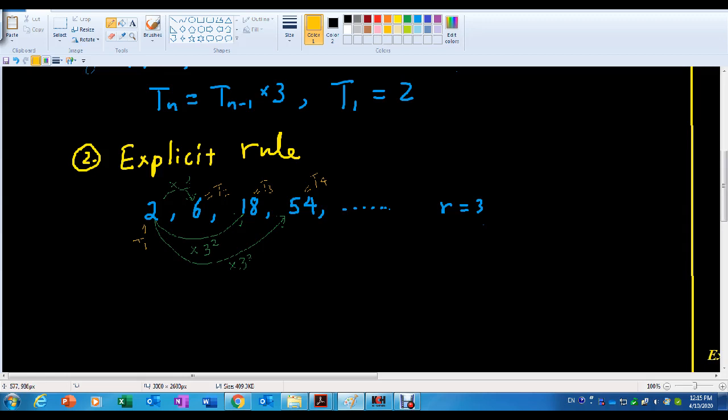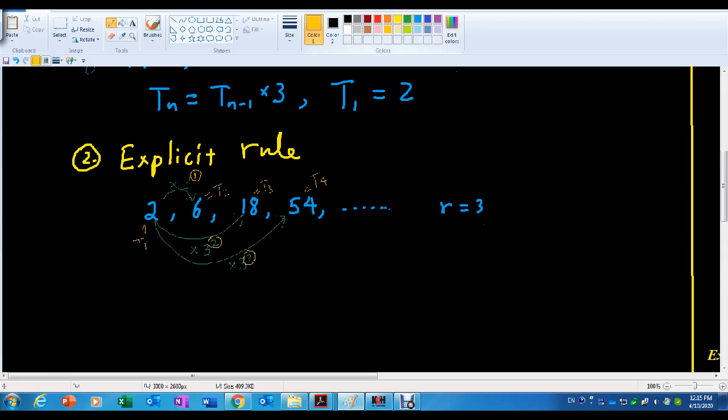For the fourth term, it's multiplied by the cube of 3, that means the power 3 of 3. So for the second term, you multiply by 3 to the power 1. For the third term, 3 to the power 2. For the fourth term, 3 to the power 3. Have you seen the pattern?